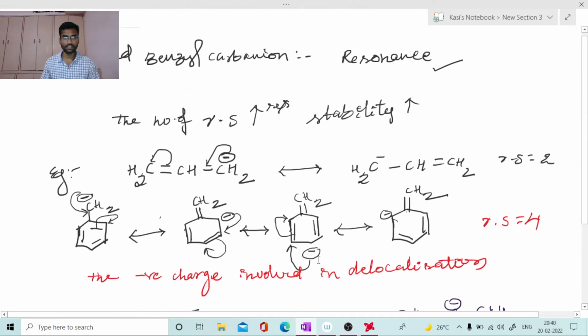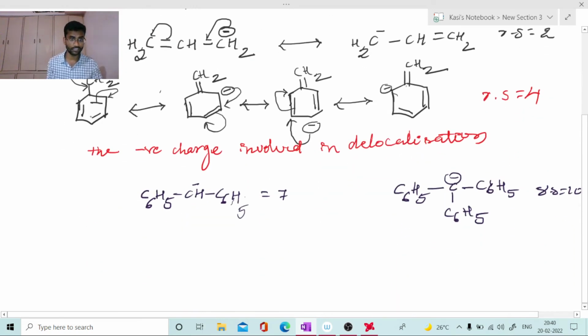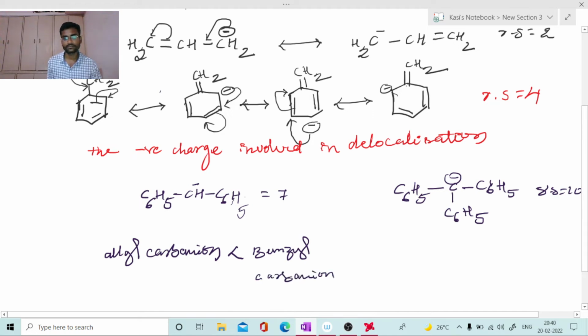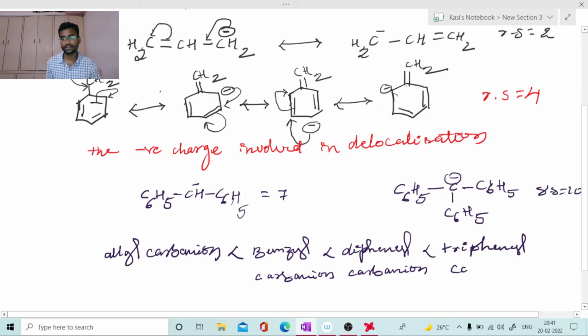Now I am going to give the numbering for these points. The allyl carbanion is less stable than the benzyl carbanion. The benzyl carbanion is less stable than the diphenyl carbanion, which is less stable than the triphenyl carbanion.